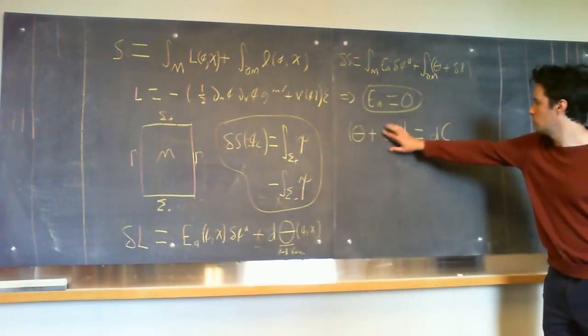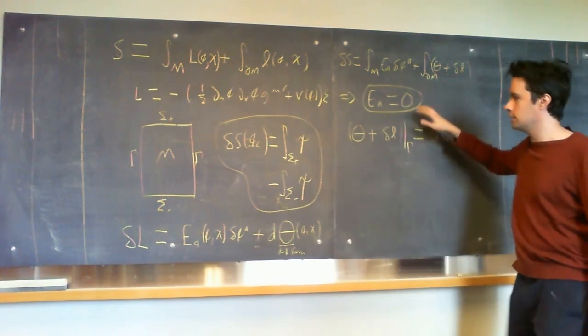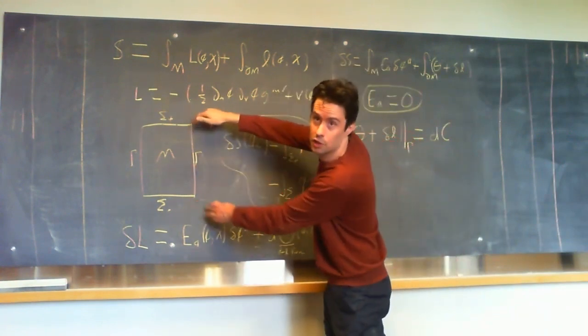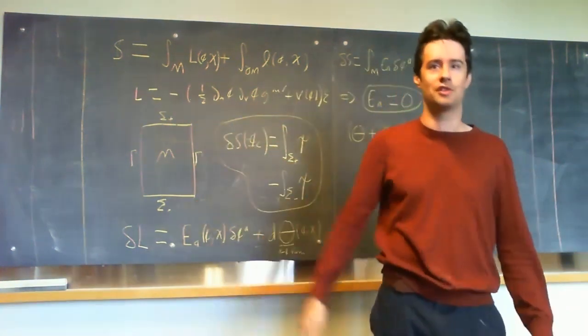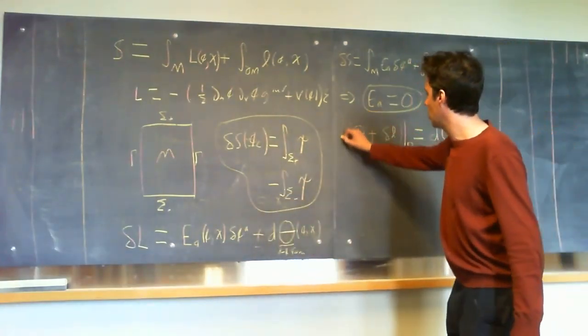Because if this is true, then I put dC here, at least on the spatial boundary part of this integral, and that just kicks me up to terms which live at the corners, and those are part of sigma plus and sigma minus. So this is going to be our main equation.